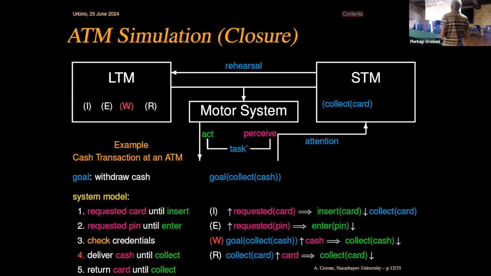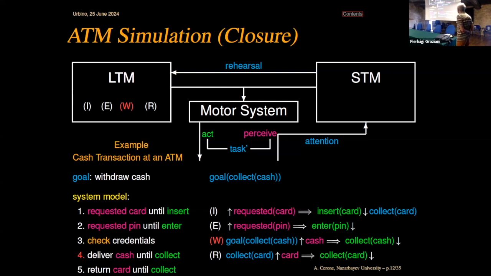So when we complete, we achieve a goal, often we want to start to do something else. So if our short-term memory is too full, there is a possibility that not only the goal disappears from here, but also some other information which was used to achieve that goal disappears. So there is the possibility that this collect card also disappears from there.